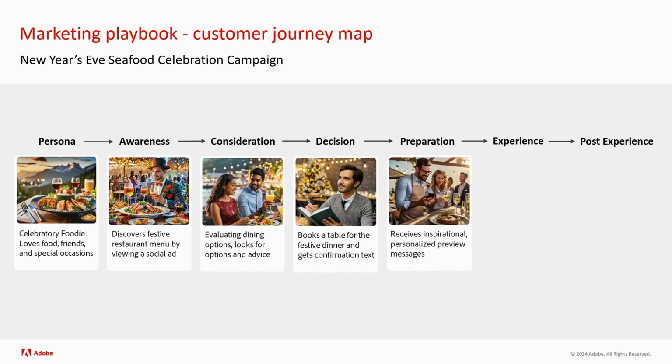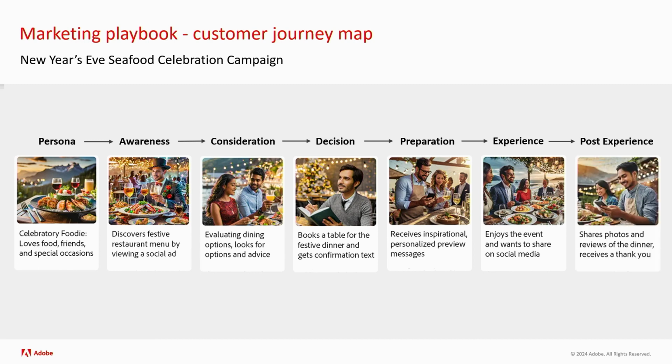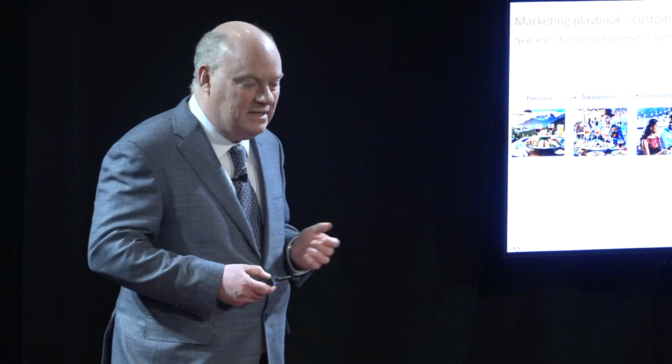You send them a message before they arrive saying, looking forward to seeing you, or maybe saying something about the restaurant. You might want to try the lobster or something like that. And then hopefully they have a wonderful experience and they take lots of pictures and then they want to share it with friends on social media. And then afterwards, you're part of easing the path to them sharing it, going viral, inspiring other people, and so on.